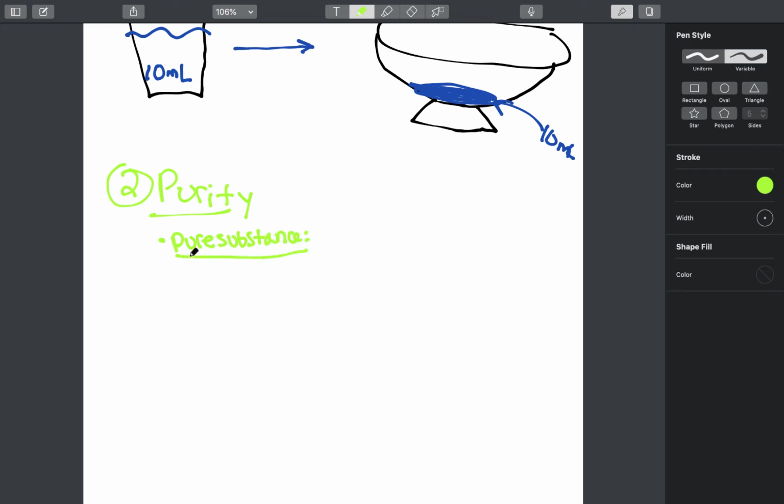Well, a pure substance is a substance or a piece of matter that contains only one type of compound.